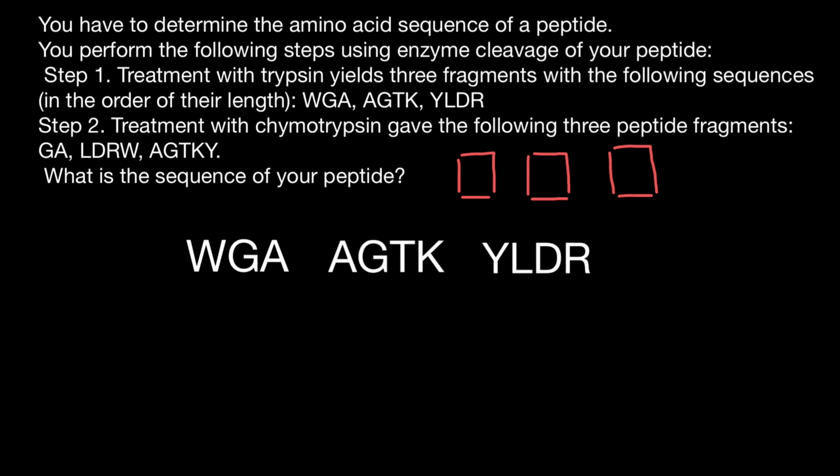In order to find how many different variants we might get, for example, how many variants we can fill the first box with: it can be this sequence, this, or this. So we have 3 variants. Let's say we took this sequence in the middle. So in order to fill the second empty box, now we have these 2 sequences to choose from. And let's say we choose this one.